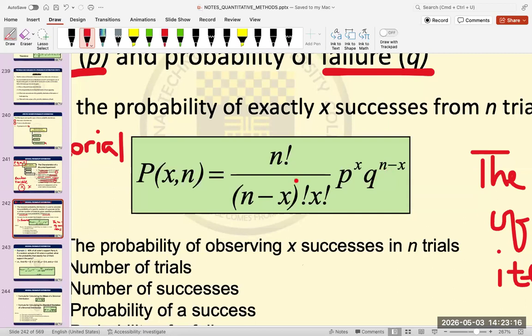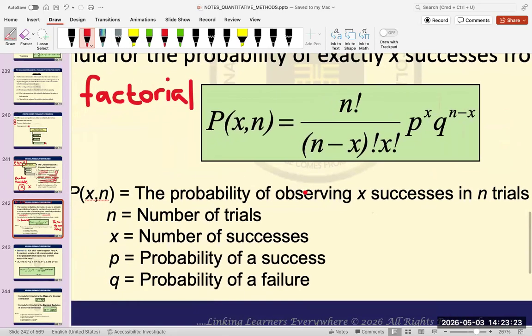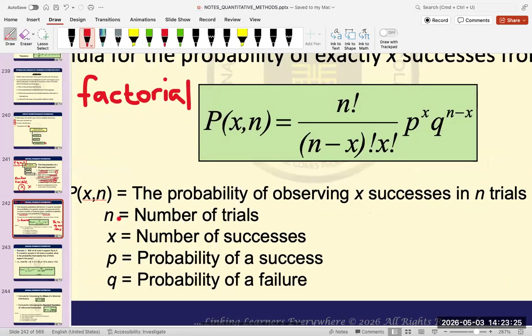So this is the formula we will always use when we want our binomial distribution. And I have defined the symbols for you again here. q, probability of failure. p, probability of success. x, number of successes, which is the same as the random variable.